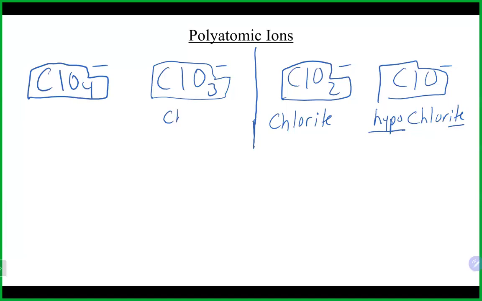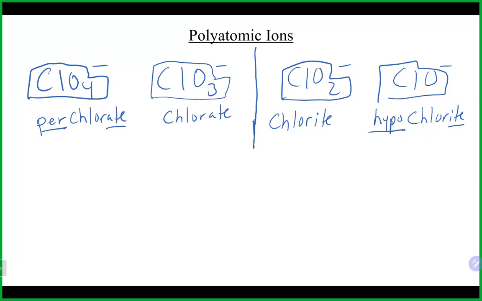This would then be chlorate. This guy would also be chlorate, except for the same reasoning, we can't have the same name for 2 different things. So when you have a group of 4 that are related to each other, the one with the most oxygens will also start with per. So that is perchlorate, chlorate, chlorite, and hypochlorite.